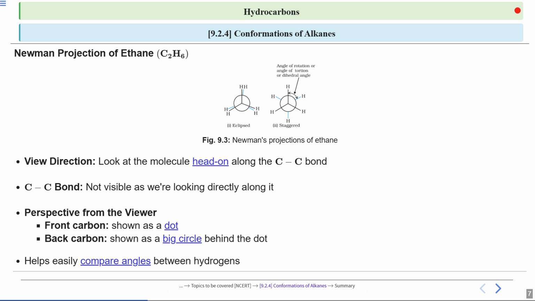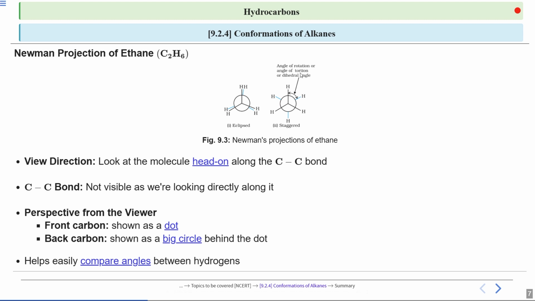What is the advantage of this Newman projection? The most important advantage is that it helps us compare the angle in a much more efficient way. If you see the eclipsed and staggered structures, you can quickly see that there is an angle difference between the previous configuration of eclipsed and the next configuration of staggered.